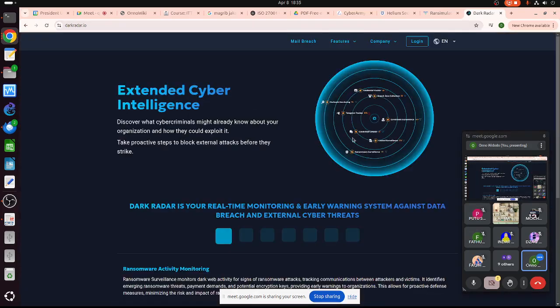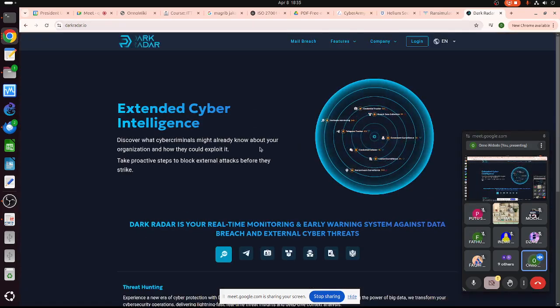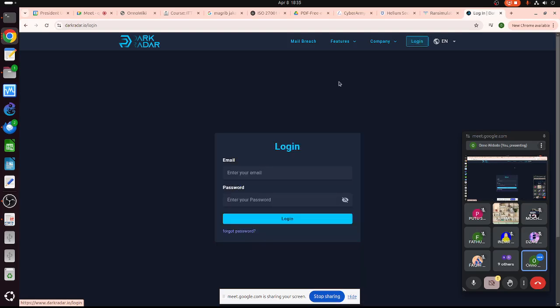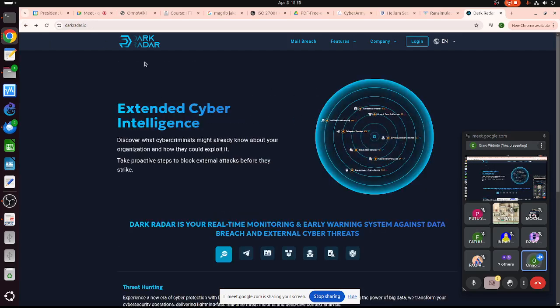darkradar.io. Okay, this is more brutal. Let me see if I can log in on this one. I forgot. Maybe later. But basically in Dark Radar, we can browse into the dark web.